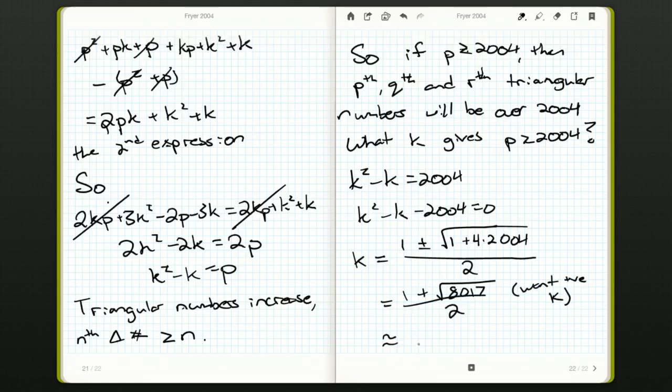So this is approximately 45.26. So we're going to try k is equal to 46.